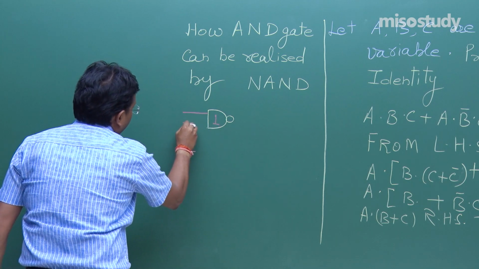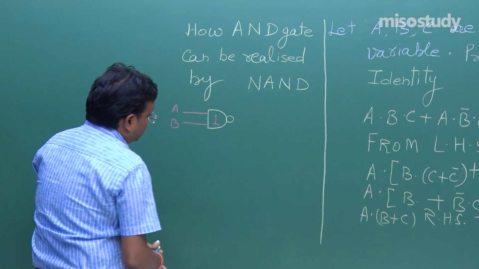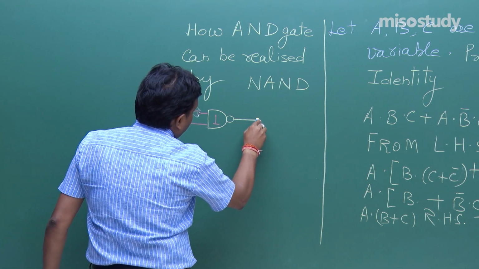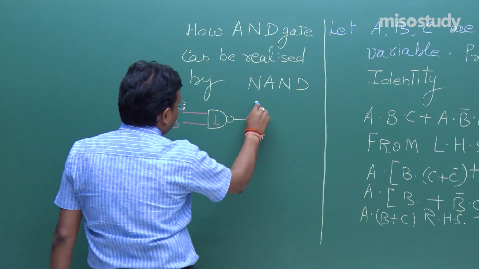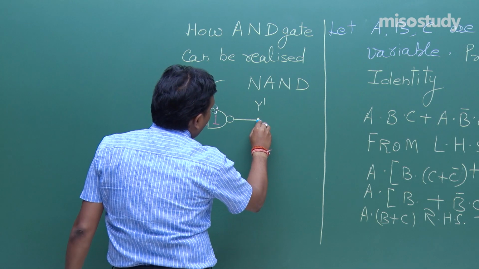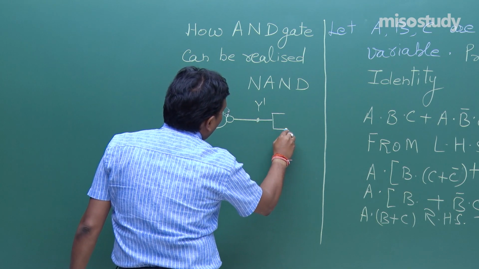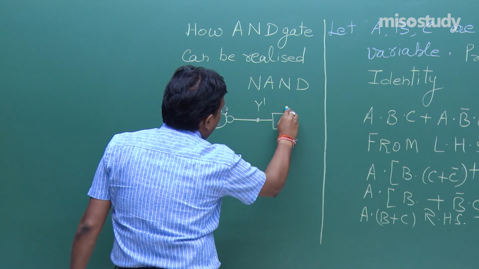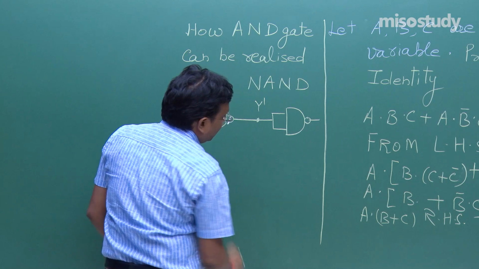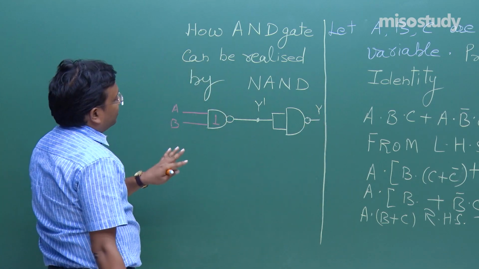Input, A, B. Now this output, this way, fine, let's say it is Y prime. So this output now added with both inputs of another NAND gate and then it is Y. So take two NAND gates, fine.